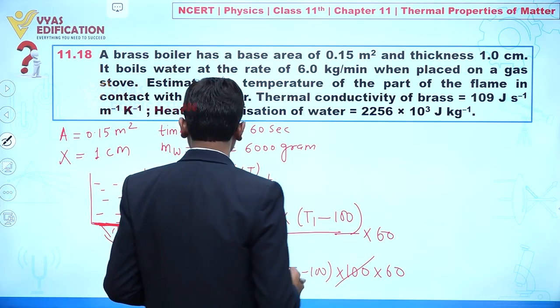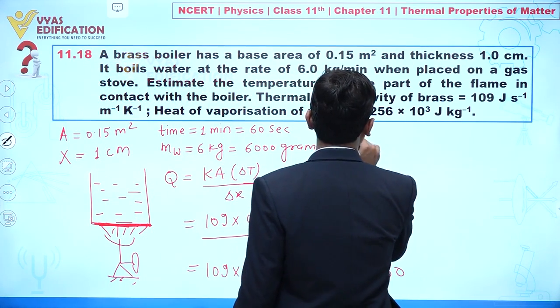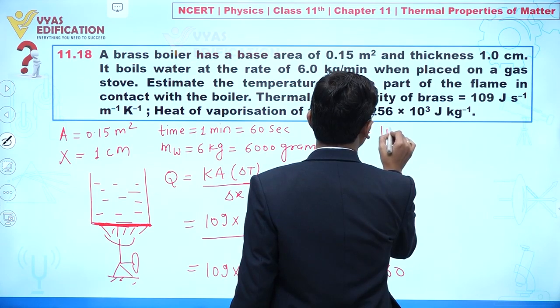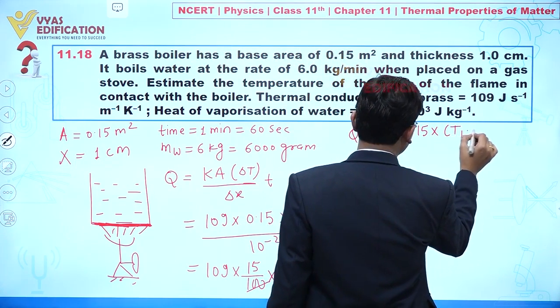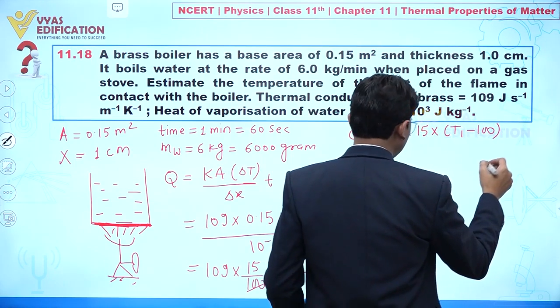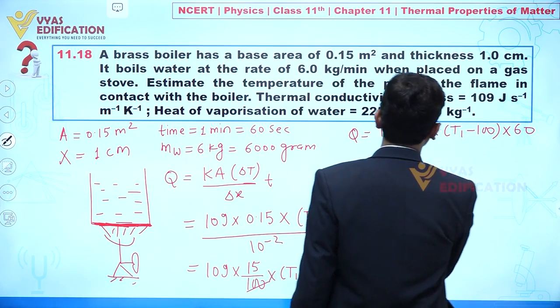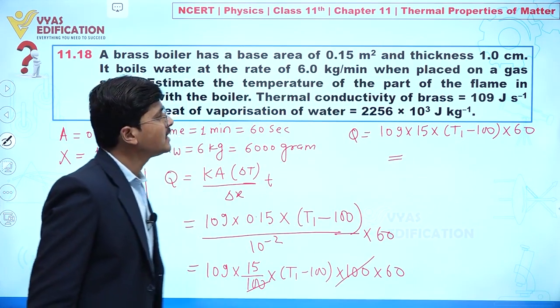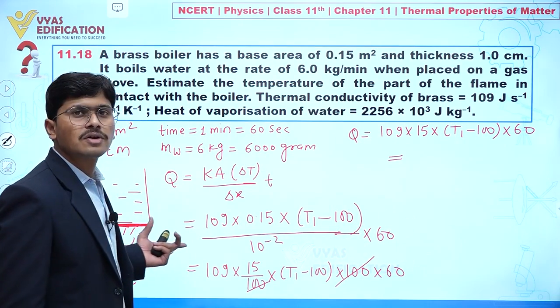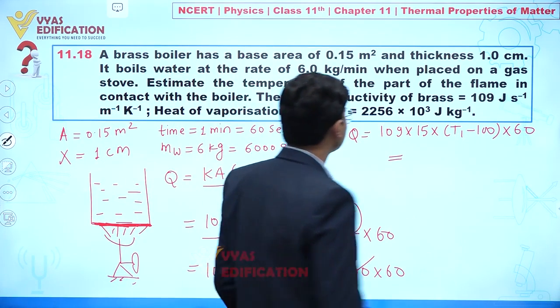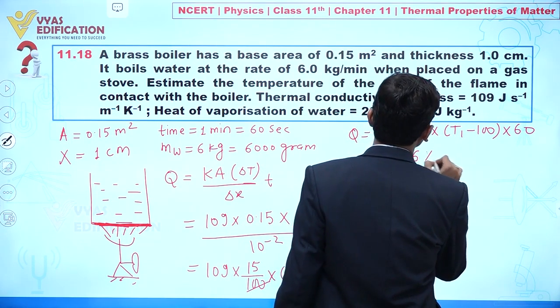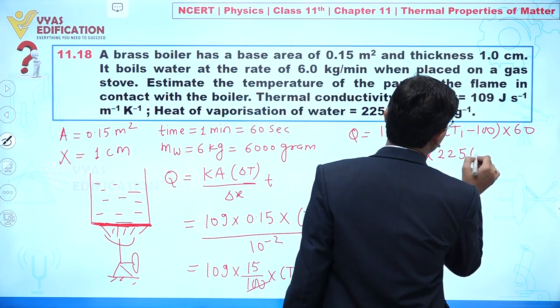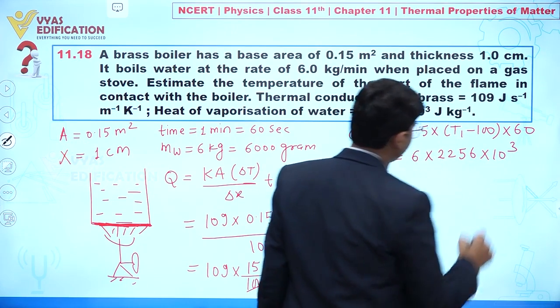So dear student, now we have the value of Q: 109 into 15 into T1 minus 100, multiplied with 60. This should be equal to the heat utilized to convert this water into steam. So the mass is 6 kilogram, so we can say 6 into 2256 into 10 to the power 3.